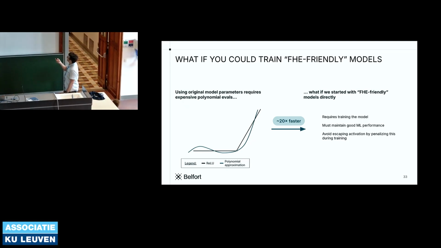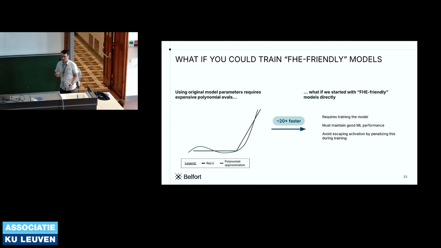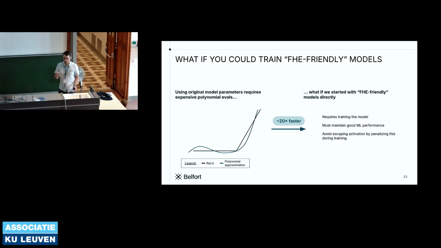Another point is that it's going to require you to retrain the model because you change the activation function, so you need to change the weights, and that's something that you might not be willing to do because maybe it's very expensive, or maybe you don't have access to the training data. So this is another way to approach the problem, but it depends on the use case.